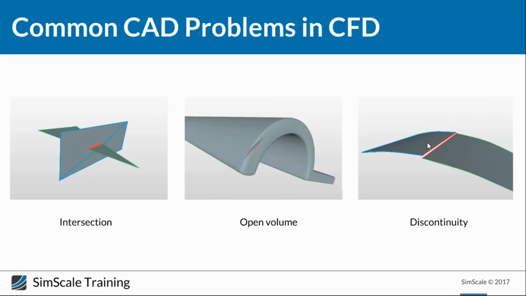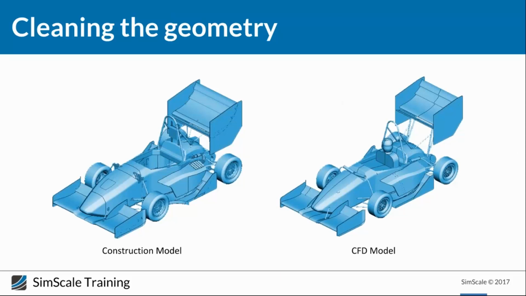So the mesh will find some problems, because you will have a mesh from this side and also from the bottom, and then you will have real problems with the simulation later, because you're going to have cells that are touching each other, but also there is a surface in between, so it's not the right thing to do. So always make sure that you verify your model, that you are free from these three major issues, of course there are other problems, but these are the three major issues that we are facing: intersection, open volume, and discontinuity.